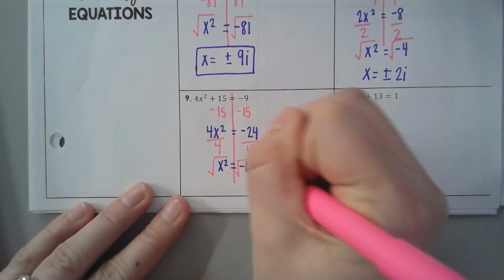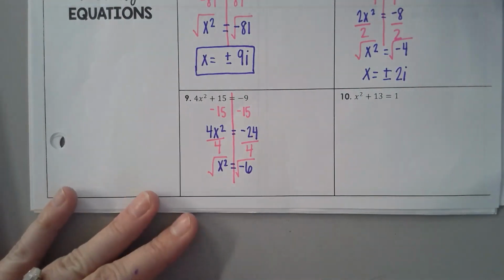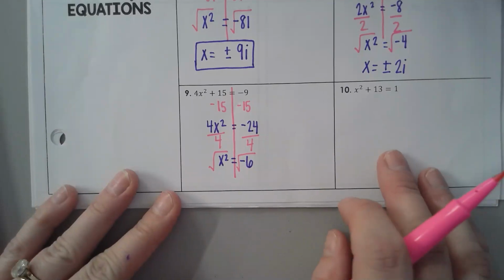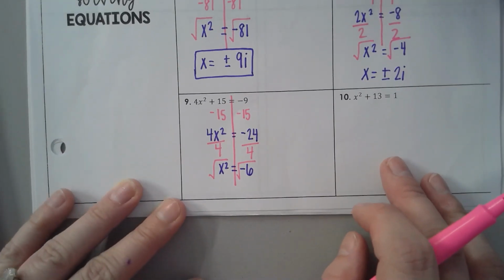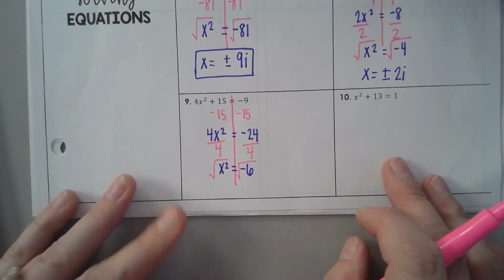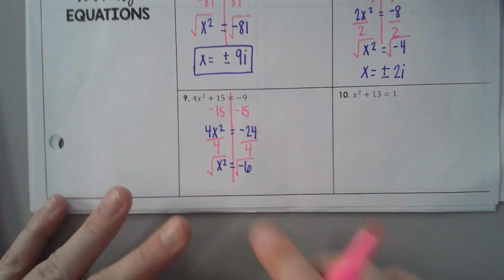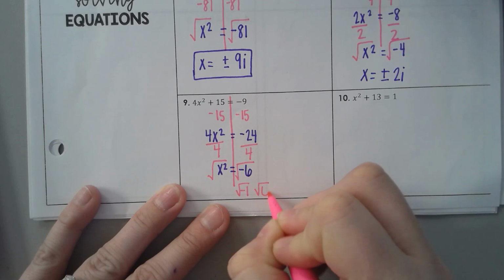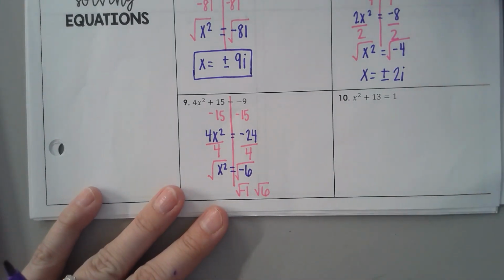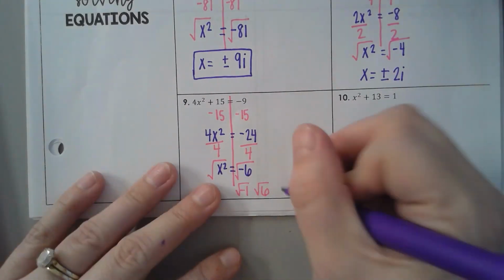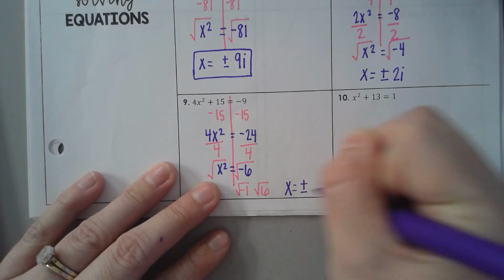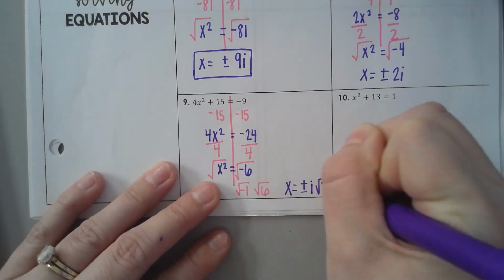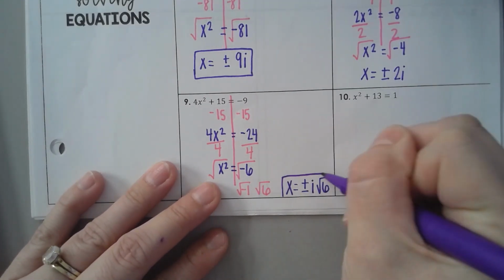And then I take the square root. Is 6 a perfect square? No. Can you divide 6 by any perfect squares? No. So I am going to bring out the negative 1, but the 6 is just going to stay. So it's going to be plus or minus i square root of 6.